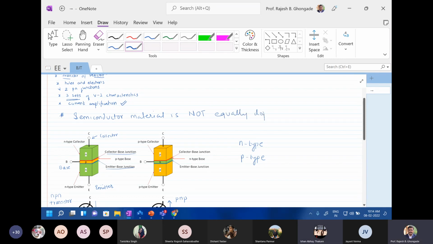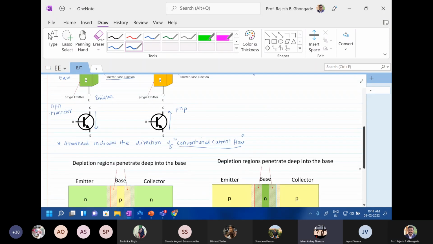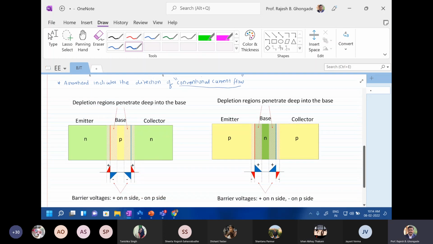What do you mean by unequally doped? Sir, the amount, the ppm of impurity atoms. If they are less, then you call it lightly doped. If the impurity atoms are more, you call it heavily doped.